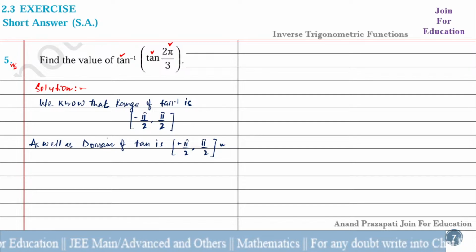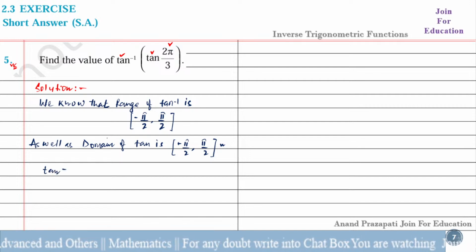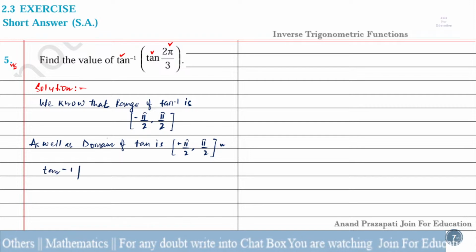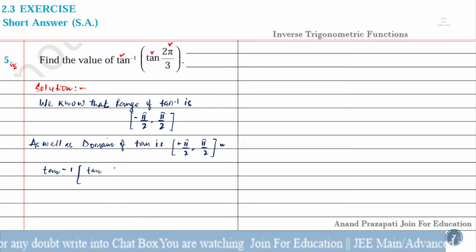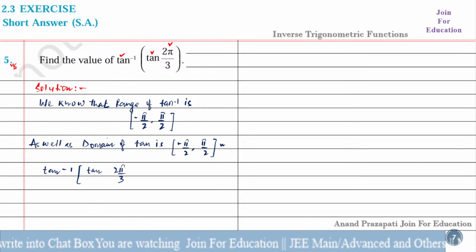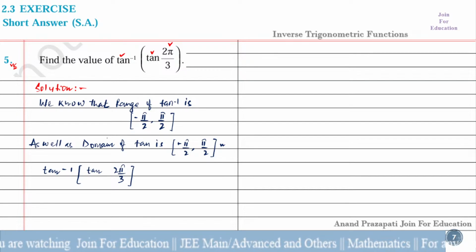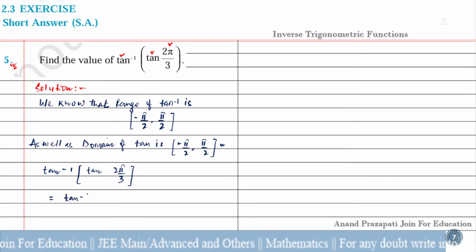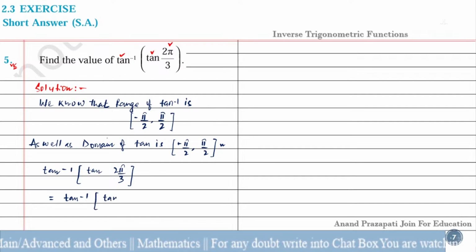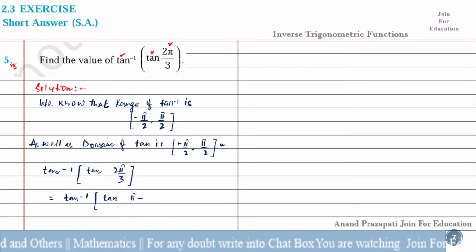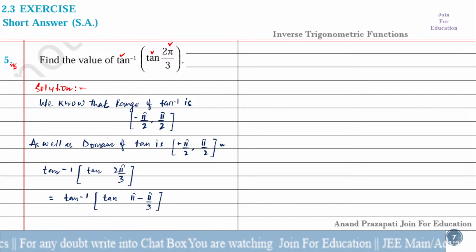So let's see here, tan inverse tan 2 pi by 3 equals tan inverse tan pi minus pi by 3.